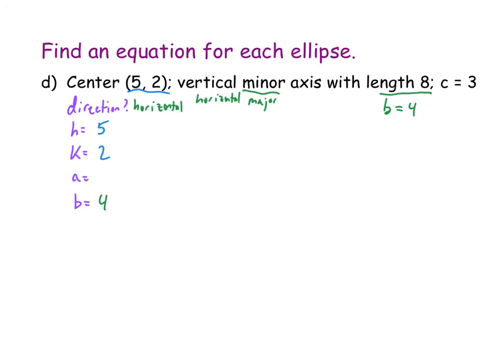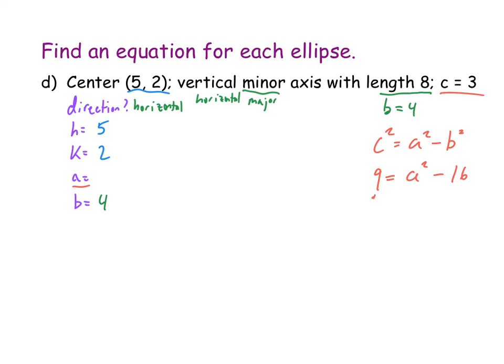So last thing we need to know is what A is. They don't tell us A, but they do tell us B and C. So use that equation again. So C squared equals A squared minus B squared. So 3 squared is 9 equals A, which I don't know, squared minus 16, 4 squared.